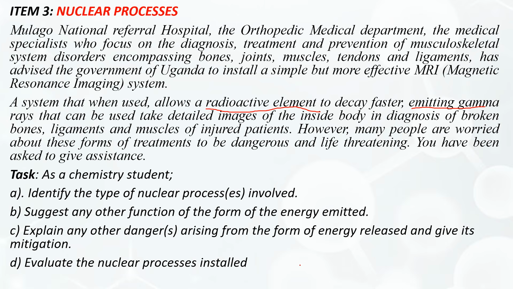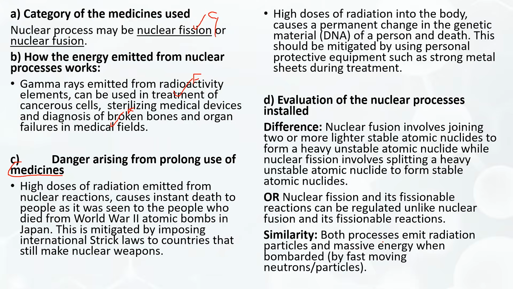Let's have a look at this part. Explain any other danger arising from the form of energy released. So it is the form of energy that is released, not the medicine. So the energy which is released is the gamma rays.